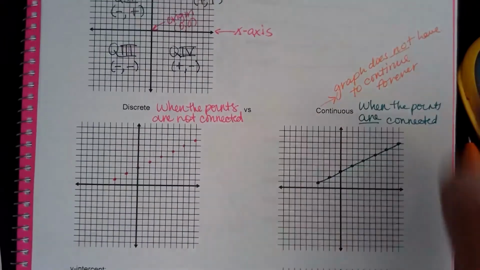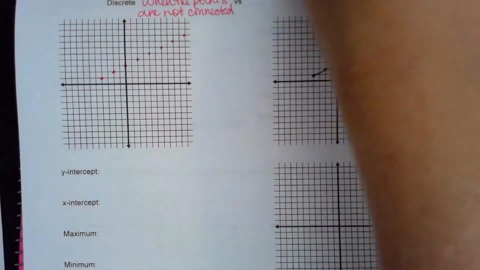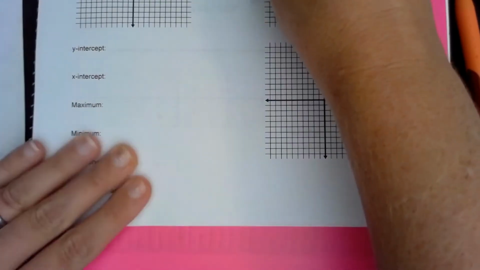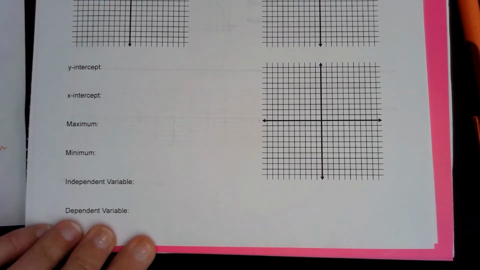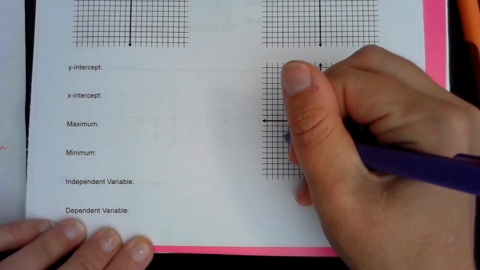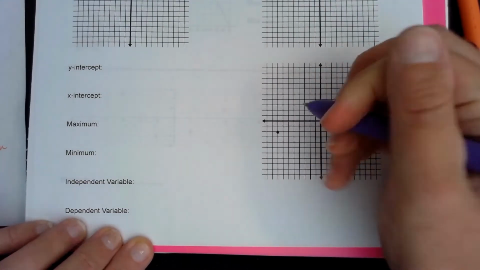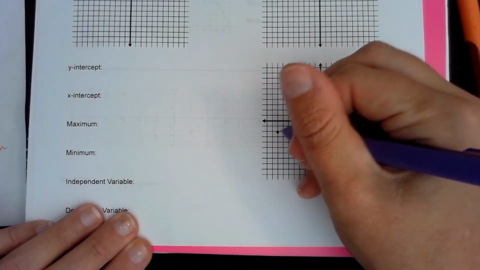Okay. So now we're going to look at some key features on a graph. I'm going to just draw a random graph on here. So it doesn't need to be perfect.